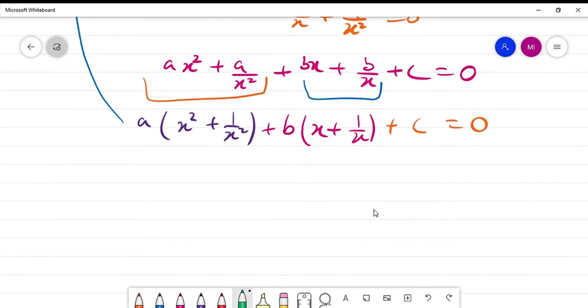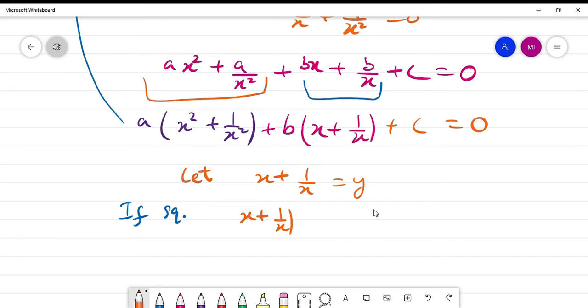And now what are we going to do? How are we going to solve these? Well, we're going to simply let x plus 1 over x equal y. So now if we square on both sides, we get x plus 1 over x squared is equal to y squared.